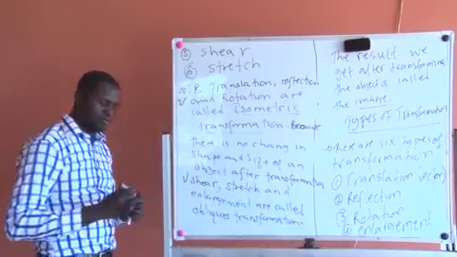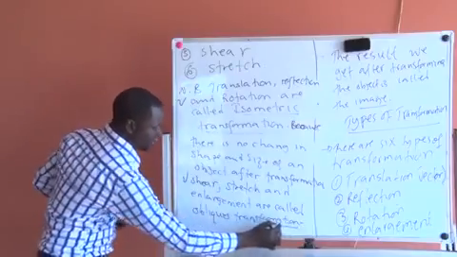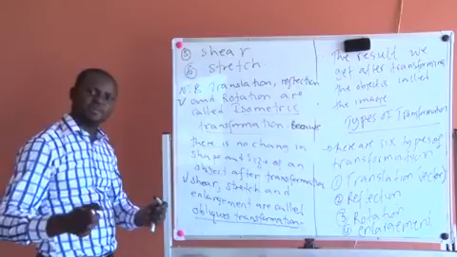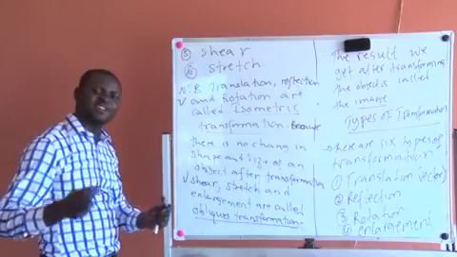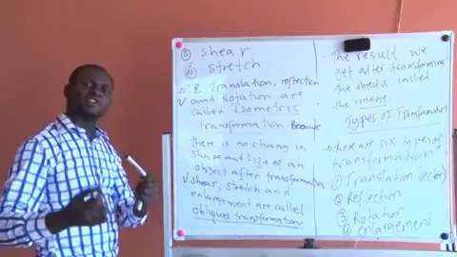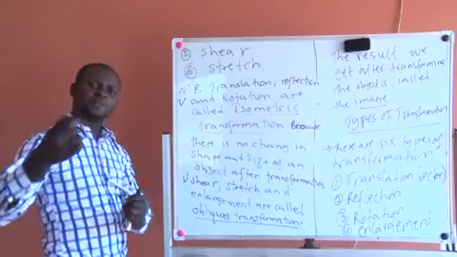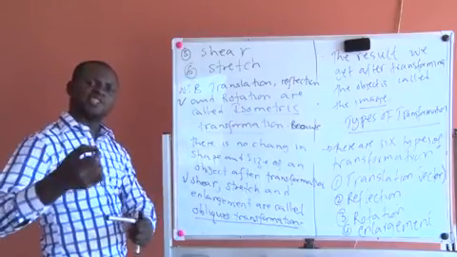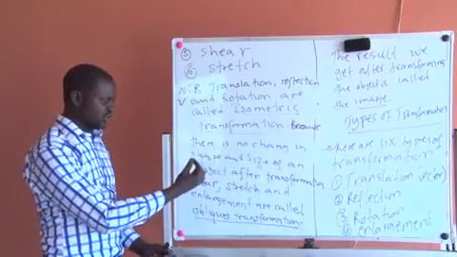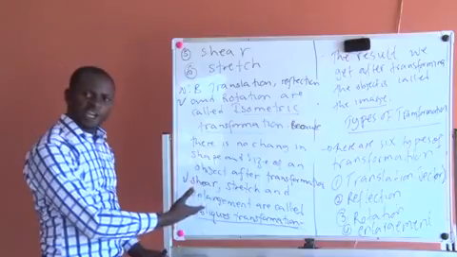Why are they called obliques transformation? Because there is a change in the shape and the size of an object after transformation. So whenever you transform the object, the shape changes or the size changes. It means it can either be these three obliques: stretch, shear, or enlargement.